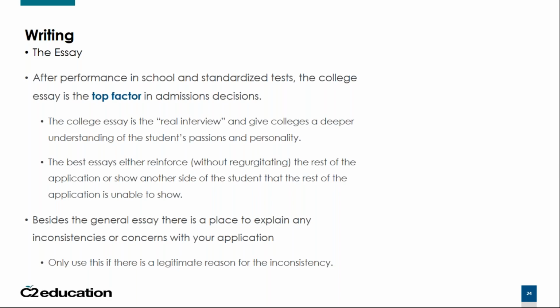That's a legitimate reason. Family illness, personal sickness, those are legitimate reasons for an inconsistency, not "my freshman grades aren't great because I had a really slow start in freshman year getting used to high school." That's not a legitimate reason. Colleges don't want to see that because that applies to, to be honest, probably 75 to 80% of students. So, legitimate reasons for those inconsistencies.